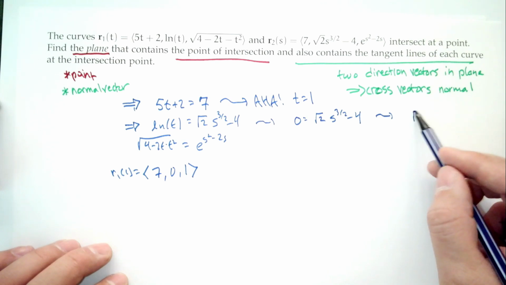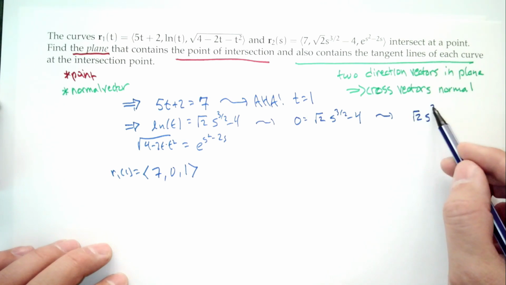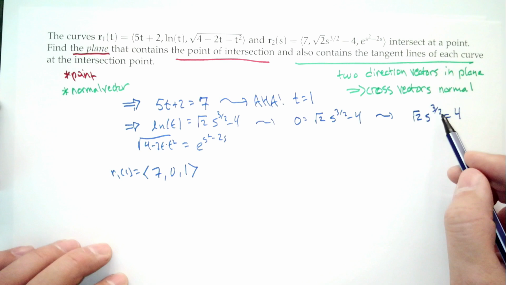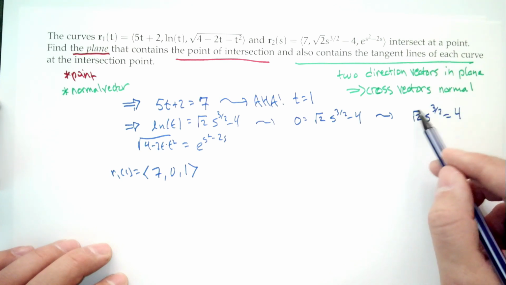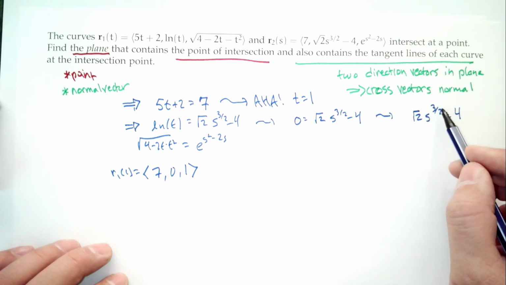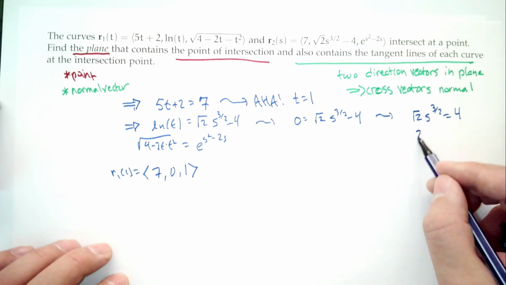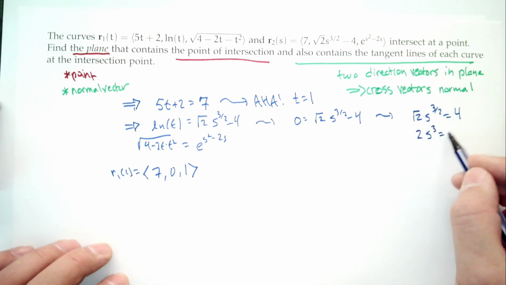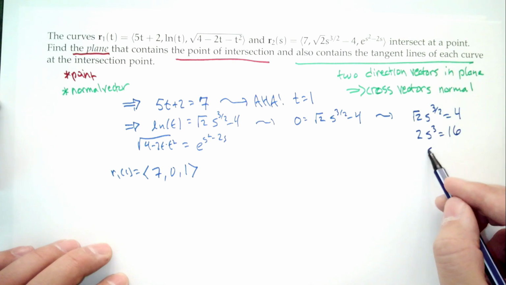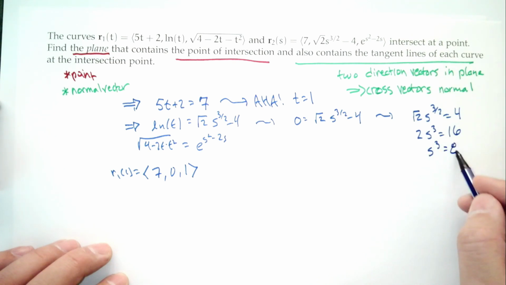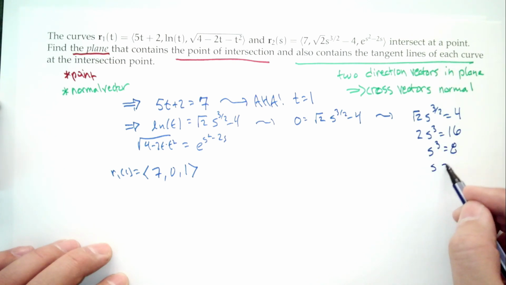That says that the square root of 2 times s to the 3 halves had better equal 4. I don't like having square roots, and there are really two of them here. There's the square root of 2, and that to the half means the square root. I square both sides. 2s cubed had best equal 16, which means s cubed had better equal 8, which means s is the cube root of 8, which is 2.